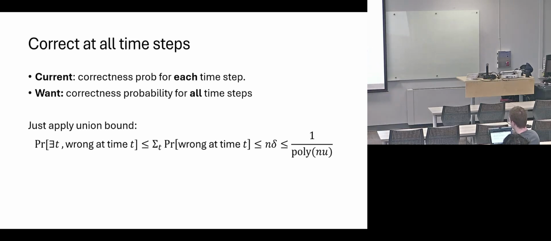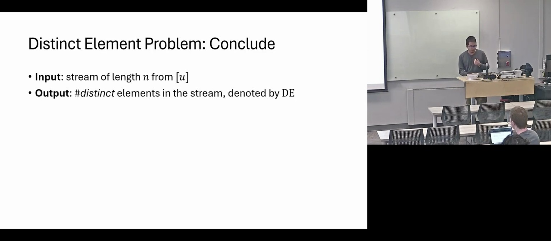You can just use union bound, and there are n many time steps. So the probability that there exists a wrong time step is tiny again. Okay, so that's how you're done.